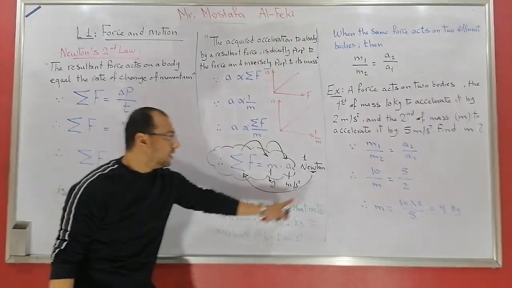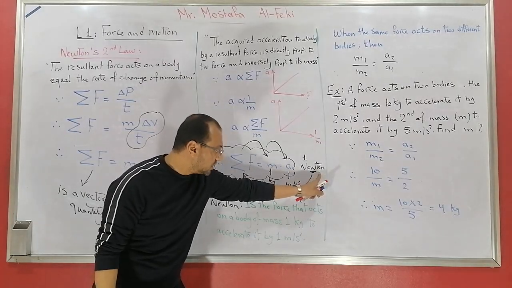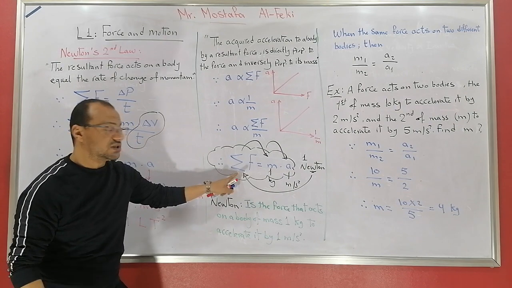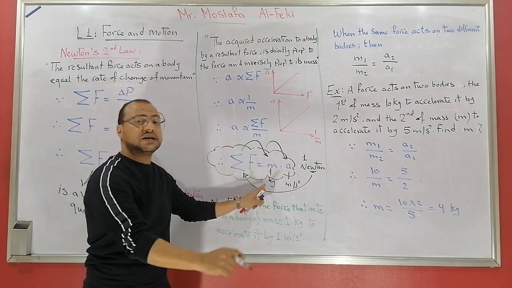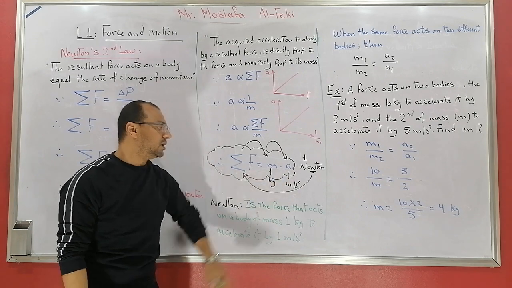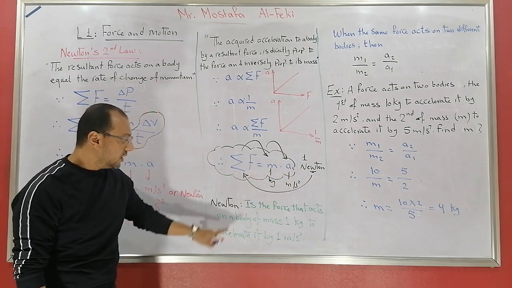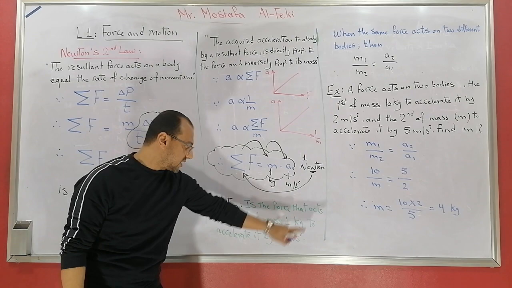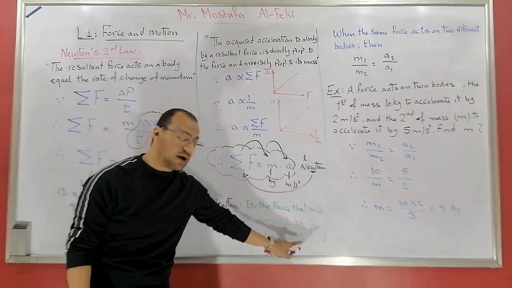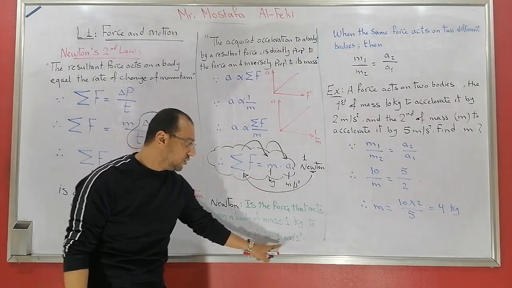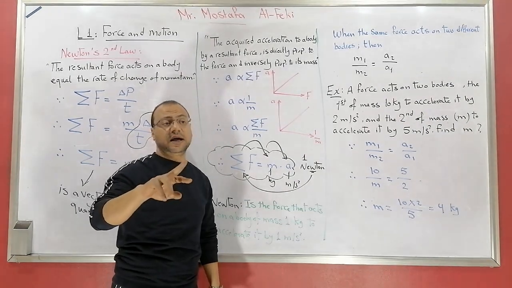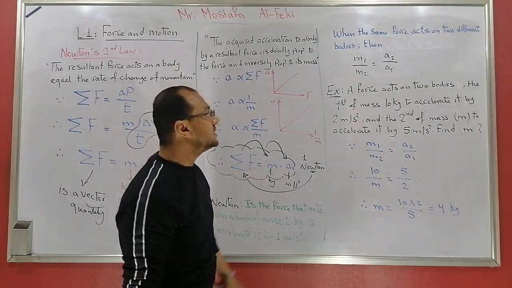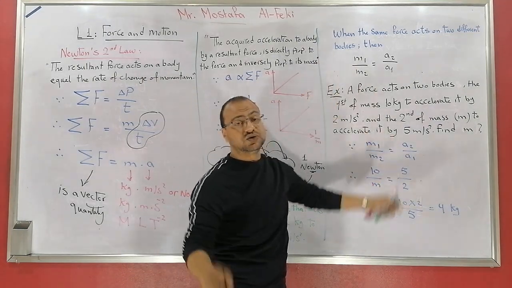Again, 1 Newton is the resultant force that, when it acts on a body of mass 1 kilogram, accelerates it by 1 meter per second square.